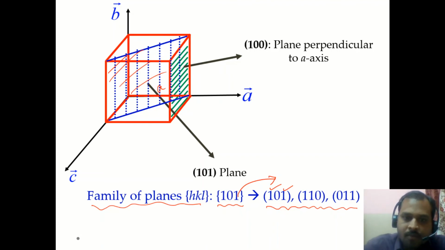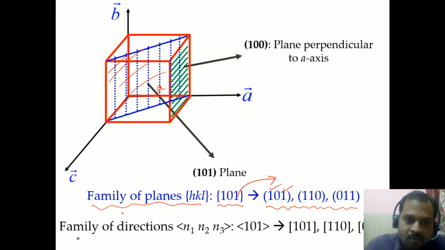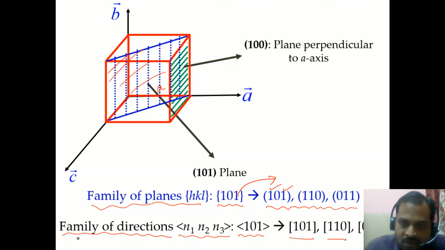Similarly, for directions, the family of directions can be represented using these angular brackets, that is <n1 n2 n3>. So this family of directions <101> corresponds to the [101] direction, [110] direction and [011] direction, all put under the square bracket.